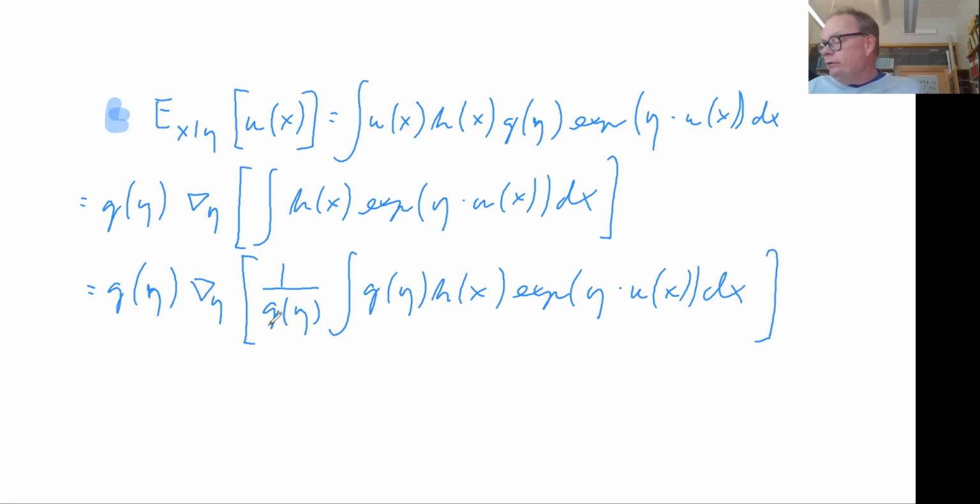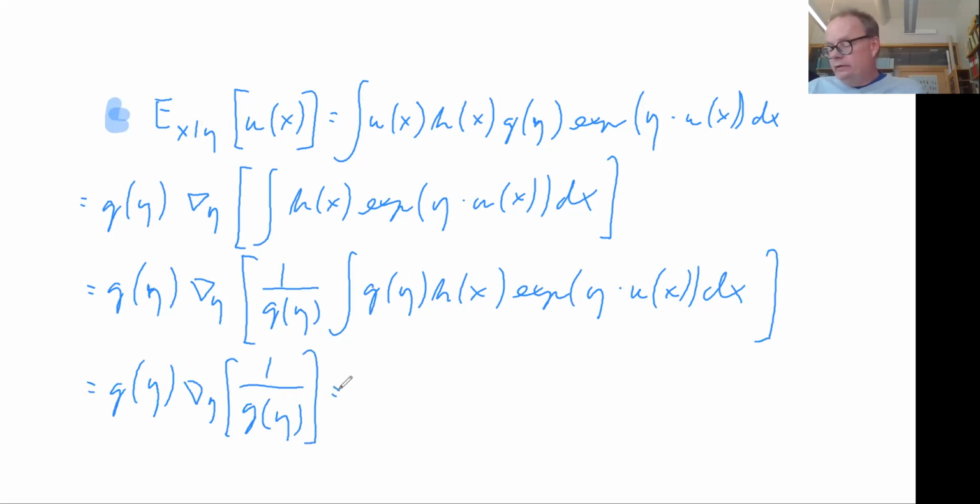And the reason for doing so is that this now gives you exactly the density that we are looking at, and integrating it over all possible values of x gives you 1. So this is then equal to g of eta, the gradient with respect to eta of 1 over g of eta.